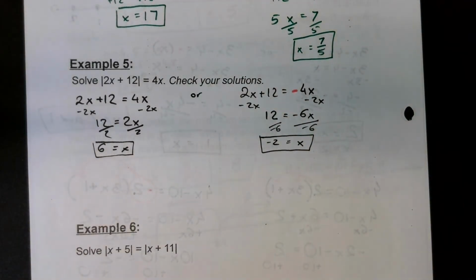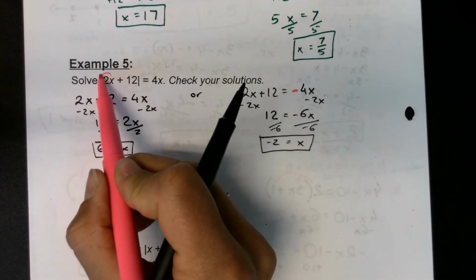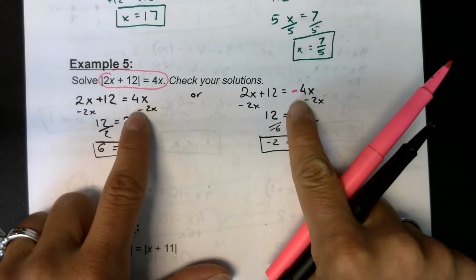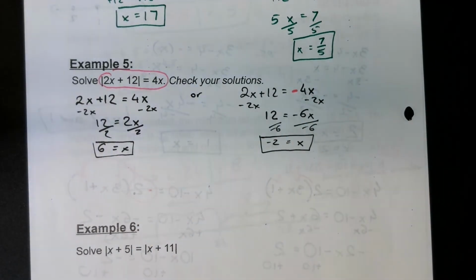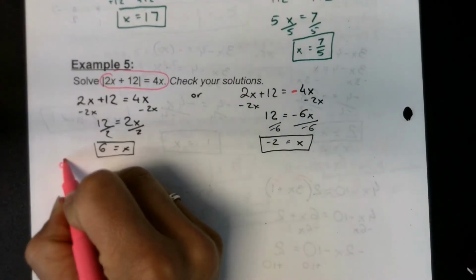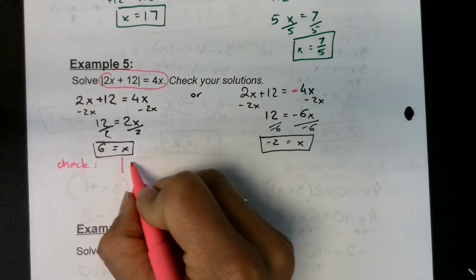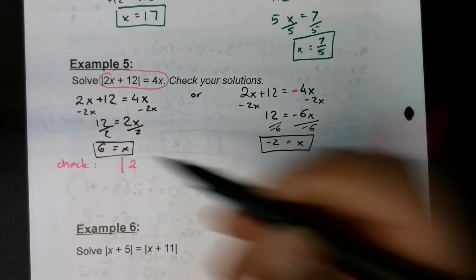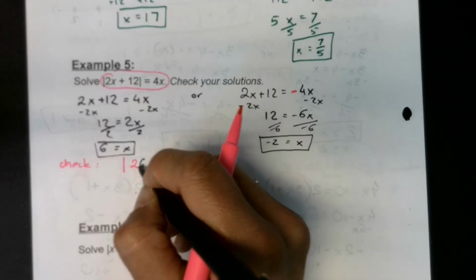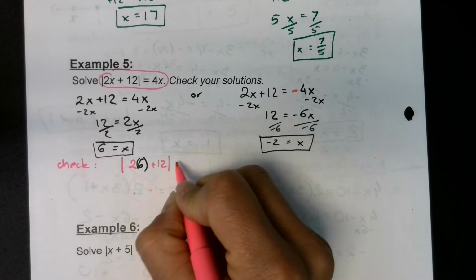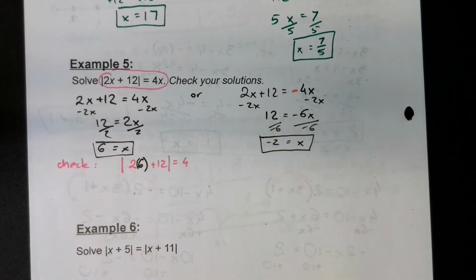The way you check, you always want to plug it back into the original equation, not anywhere but the original equation. So to check, I'm going to have the absolute value of 2 times, we said x is 6, right, plus 12, equals the absolute value of 4 times 6.